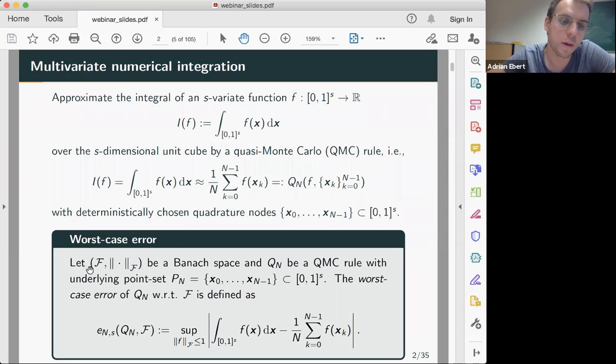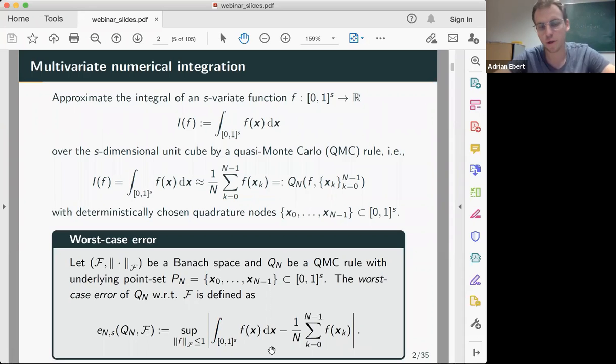We restrict our integrand function of interest to a particular function space F here, that will be a normed space, in particular a Banach space, and we have a QMC rule Qn with underlying points P_n. Under these assumptions, the worst case error of Qn with respect to the function space F is defined by this expression below here.